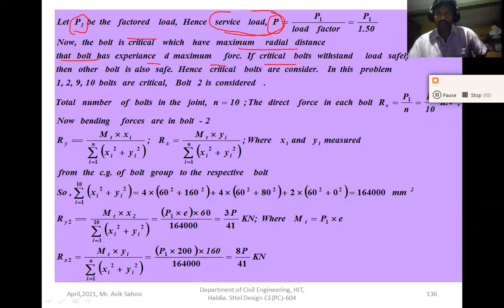If the critical bolt withstands the load safely, then the other bolts are also safe. Hence critical bolts are considered in this problem. Bolts 1, 2, 9, 10 are critical. So bolt 2 is considered.